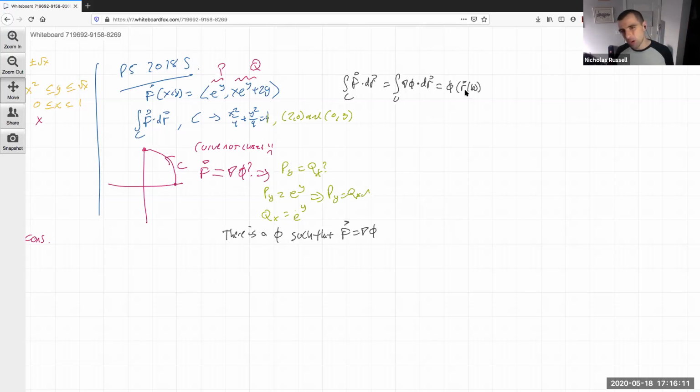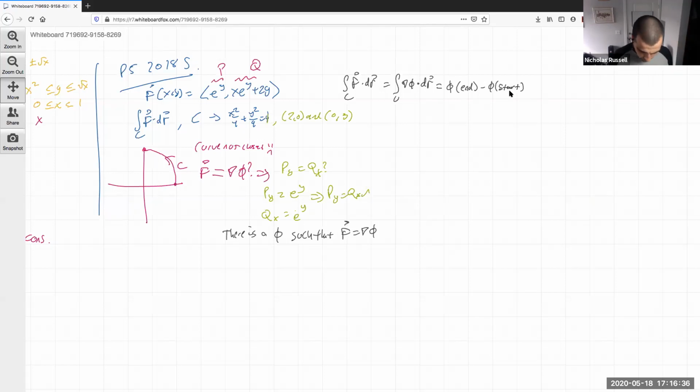If I parameterize my curve C, r of b is the end point. I can even write phi at the end point, minus phi at the start point. Just agree with me here: phi of end minus phi of start. We kind of just do it that way.